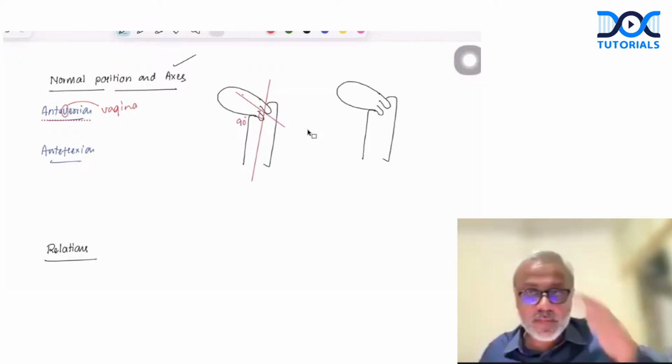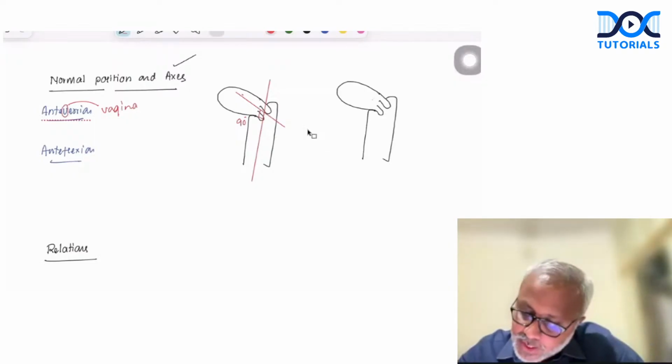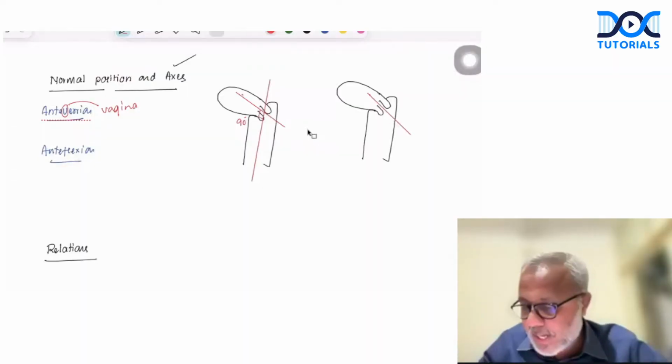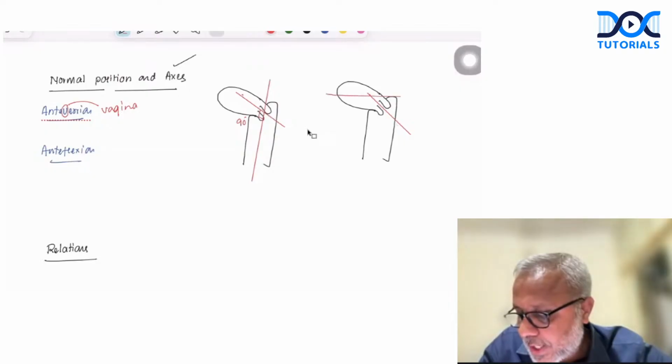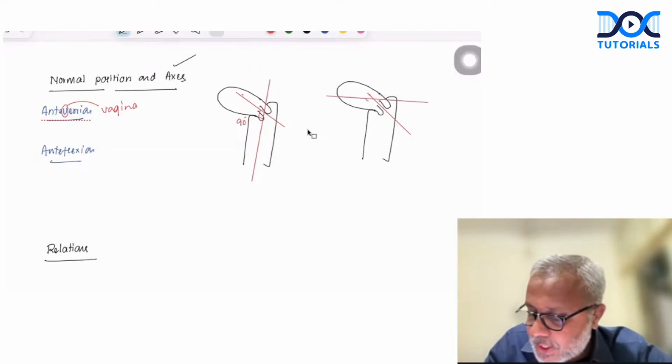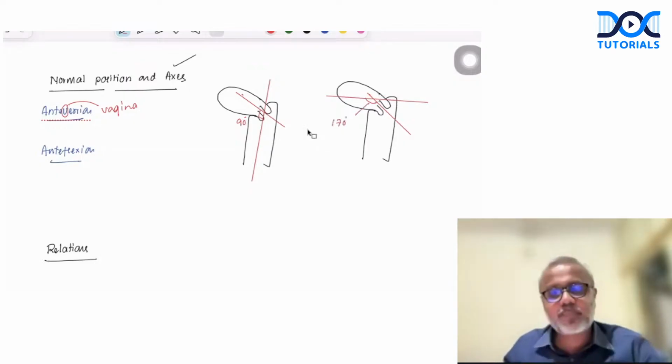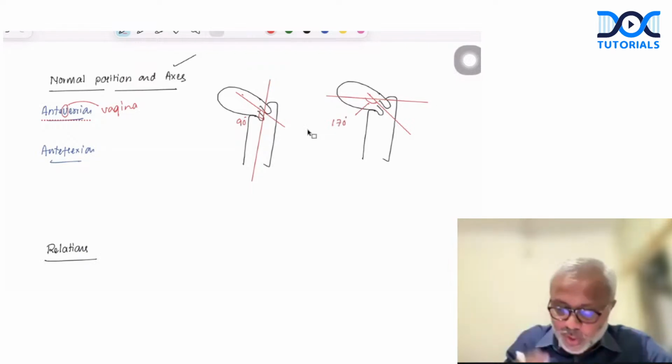What do we mean by anteflexion? Anteflexion is the angle between the long axis of the cervix and the long axis of the body. And how about this angle? This is about 170 degrees. In both, what is common?